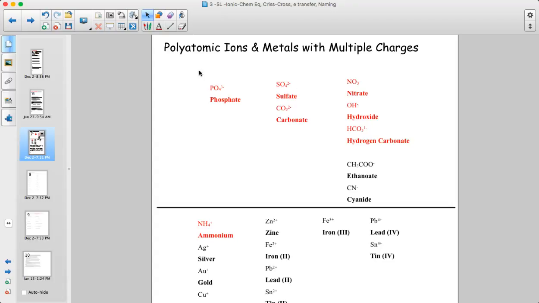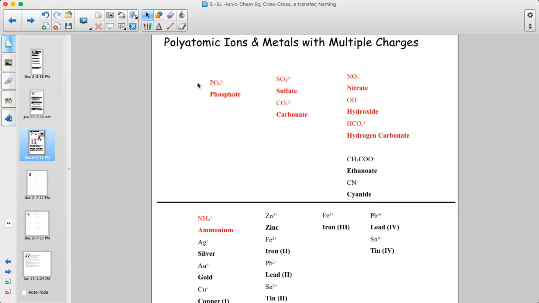So far, all the ions we've looked at have been monatomic ions, containing just one particle, something like Na+ or Cl-. Well, there are a number of particles out there that contain many atoms but overall have a charge. That is what it means to be a polyatomic ion, a many-atom ion.